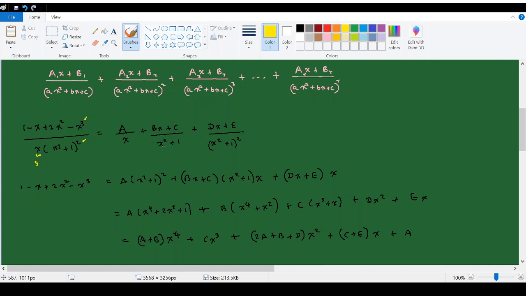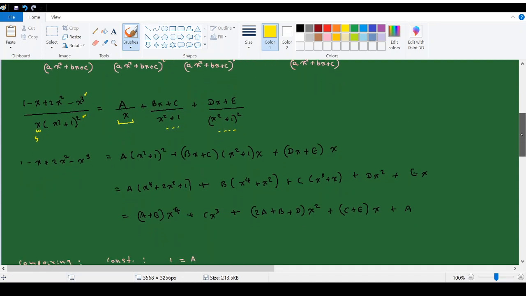So we should write this term for that non-repeated linear factor, and these two terms for the repeated quadratic term, as it is explained in the fourth category.